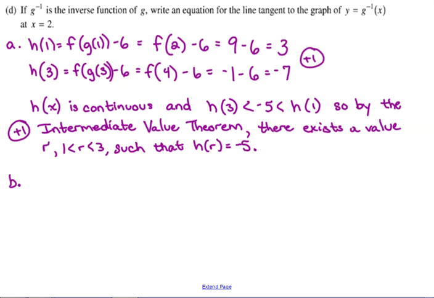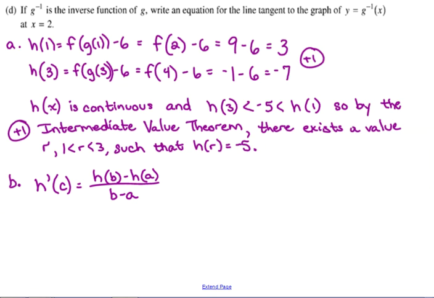All right, part B, explain why there must be a value c between 1 and 3 such that h prime of c equals -5. Okay, so like I said, derivative, we're thinking mean value theorem, so we need to work out, well, we've already worked it out because remember, mean value theorem says h prime of c is equal to h of b minus h of a over b minus a.